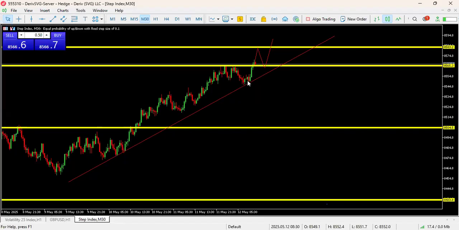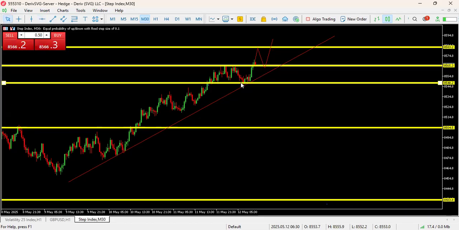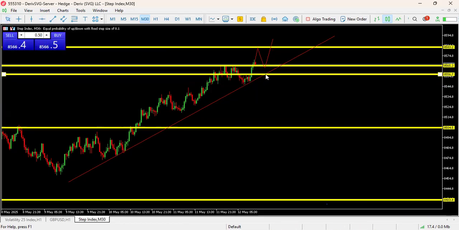Go to your 5 minutes, at the top of that area. Take it up a little. Yes, that is the neckline. Now, on the lower time frame, like 5 minutes, you see that the market has formed a double bottom in that area.